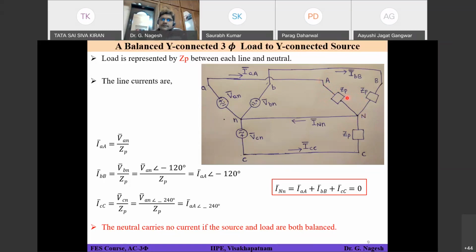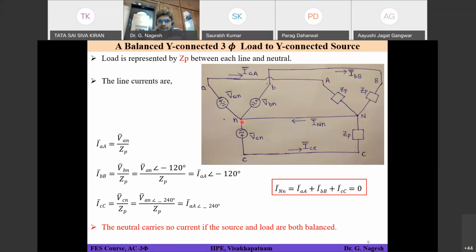Why? Because this A terminal from the source is directly connecting to A terminal of your load, and we are assuming an ideal wire. That means the conducting wire has no resistance or no impedance. So the voltage at terminal A from the source is same as the voltage at terminal A at the load. Same voltage is coming and appearing here.